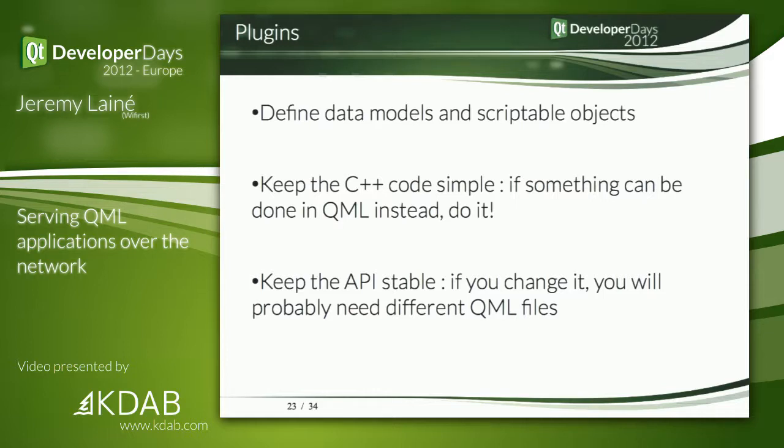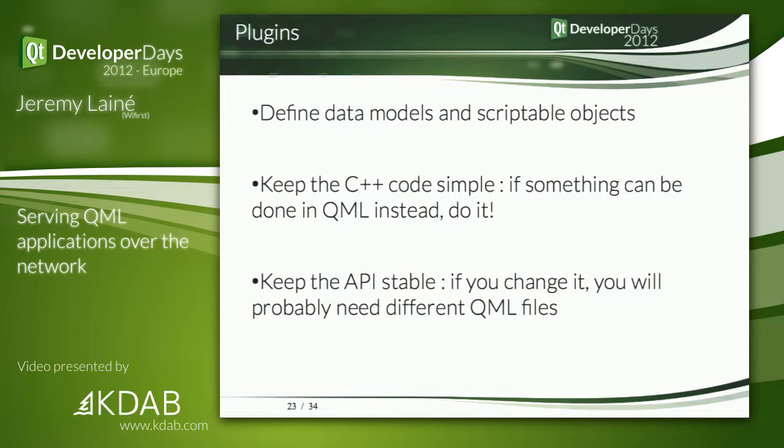So we've covered so far the loader part of your code, which is written in C++. You're also probably going to have plugins to expose additional objects. So I'm basically repeating what I said previously. If you can keep the C++ code simple, do it.